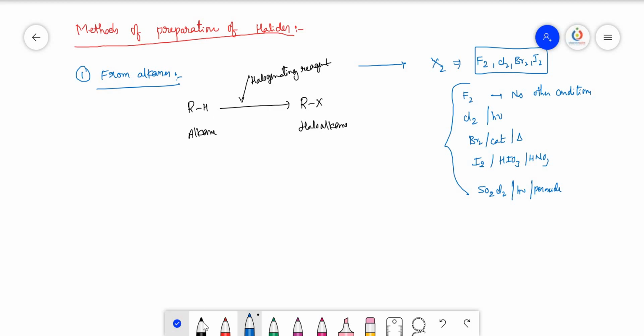And in these cases, we should not use the fluorine reaction directly, as it is too violent to be controlled. And generally we do not prefer iodination also, which is too slow to complete the reaction. So usually we prefer chlorination and bromination and even SO2Cl2 also.